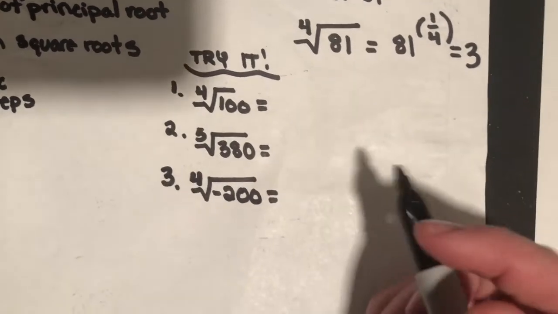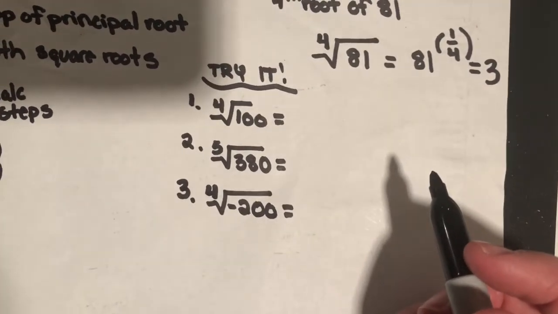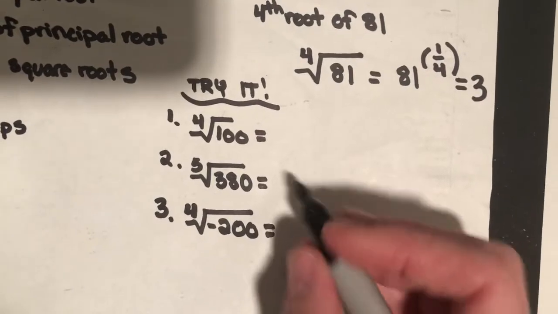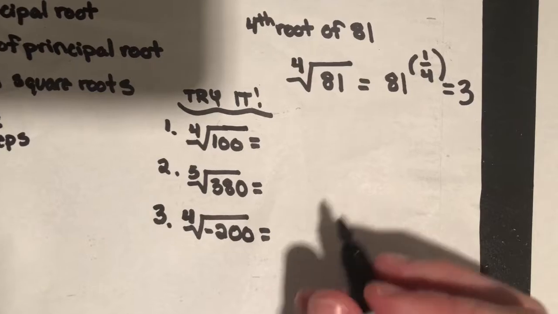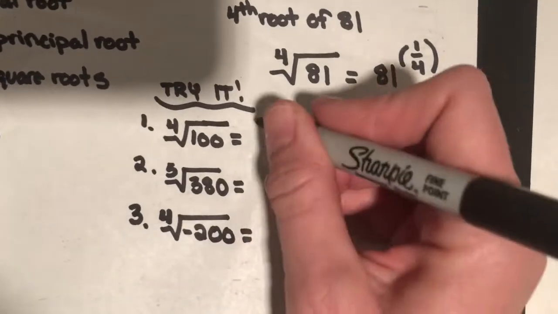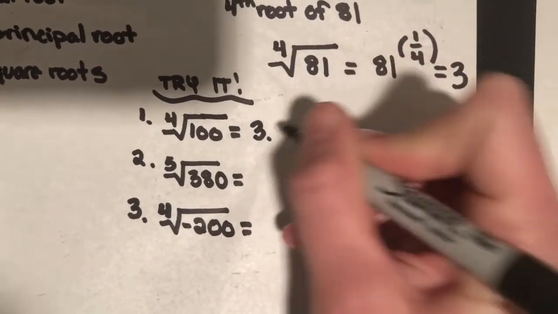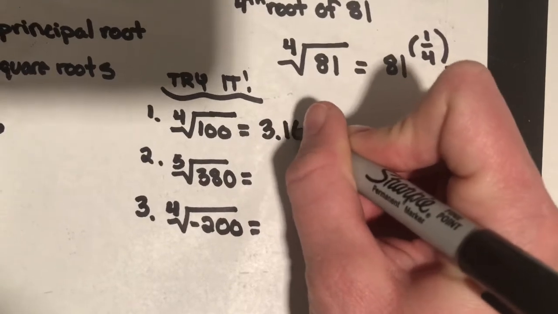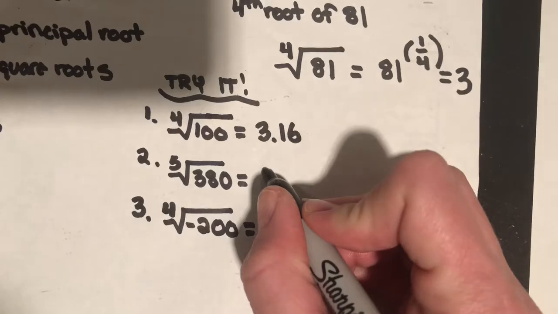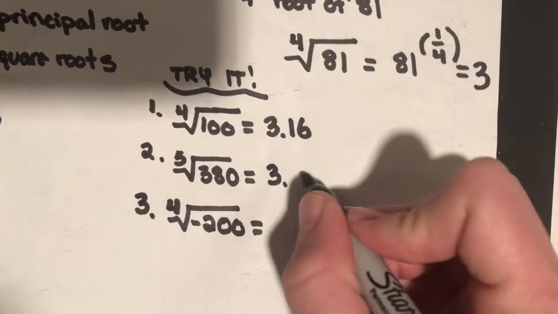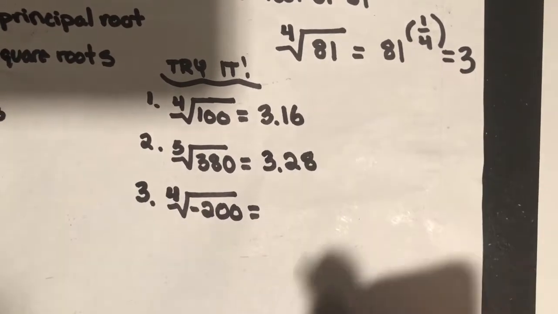Okay. Hopefully you have 3 different answers on your calculator there. Let's see how you did. So I'm going to extend that radical sign there. The fourth root of 100 should be 3.16. The fifth root of 380 should be 3.28.